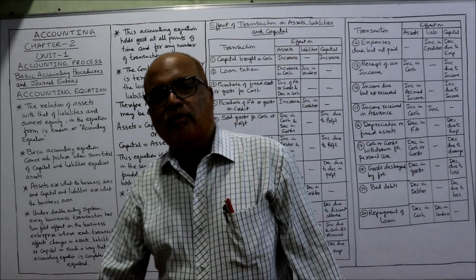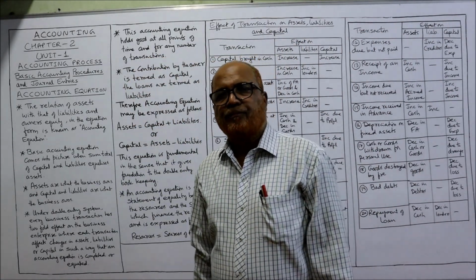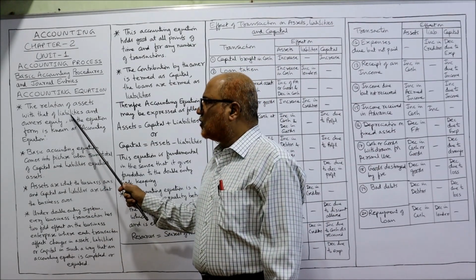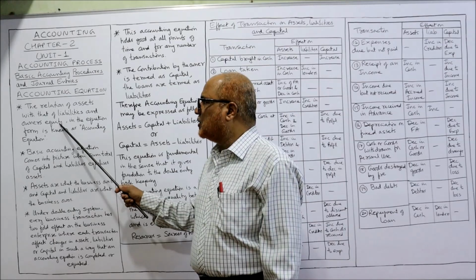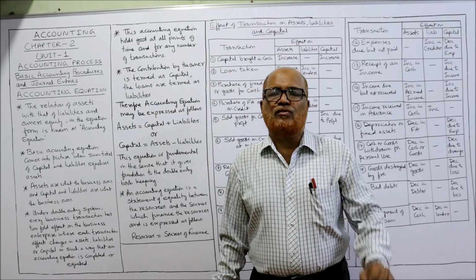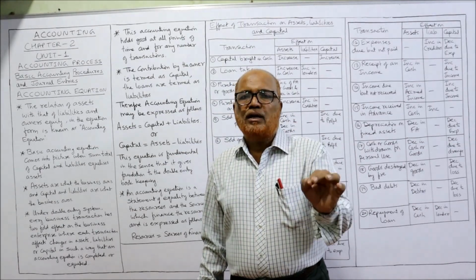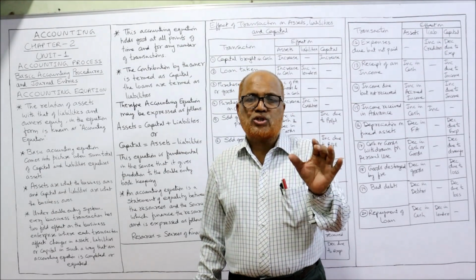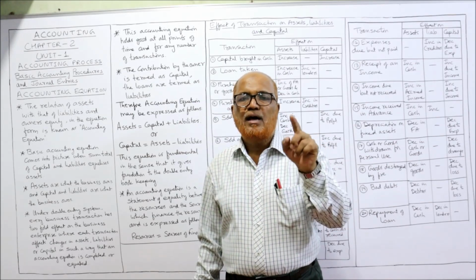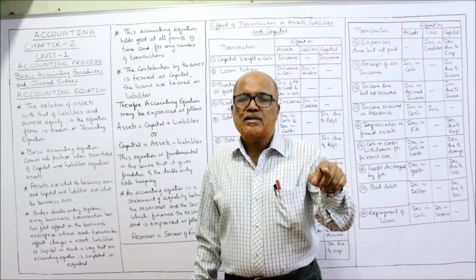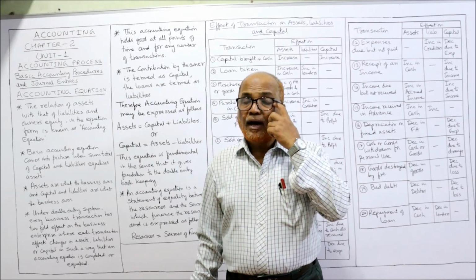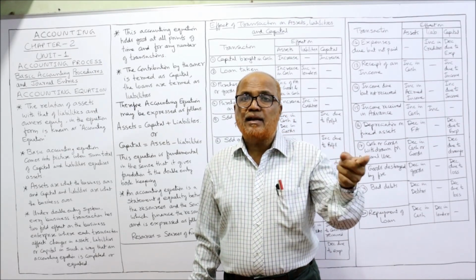Now, first of all, I'm going to explain the accounting equation. The relation of assets with that of liabilities and owner's equity in equation form is known as the accounting equation. It is an equation which shows the relationship between assets, owner's capital and liabilities. So three things you remember: assets, capital and liabilities.